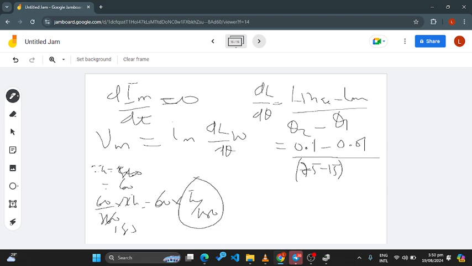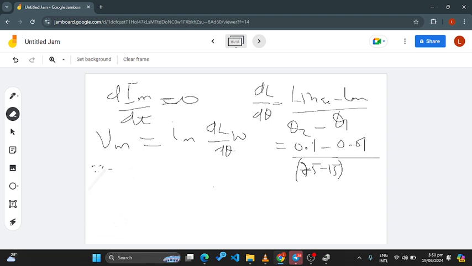Anytime you are changing from radians to degrees, you multiply by 180 on pi. Okay, so then I'm going to multiply this by pi and multiply the numerator here by 180. I hope you understand.